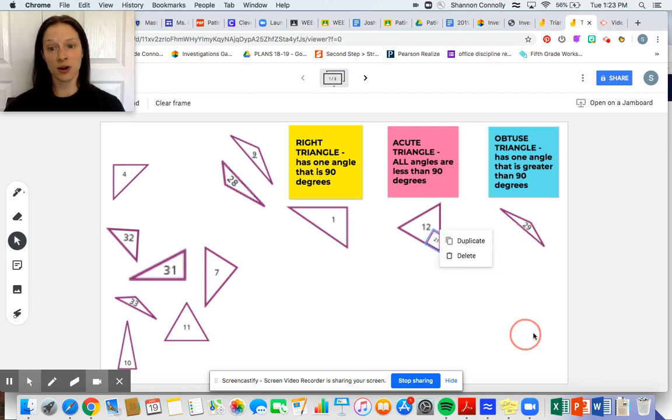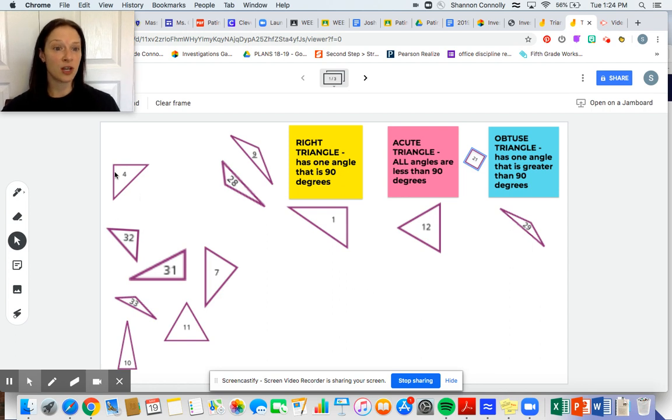Okay, so those are our three types of triangles when we're thinking about angle measurement. Now that you're familiar with what they look like, it's easier to see what kind of triangle is which. So, for example, with triangle 4, I can tell that I have a right angle there, so I know that this is a right triangle. Okay, so I'm going to look for my other right triangles.